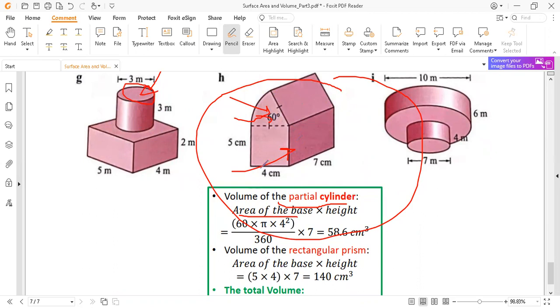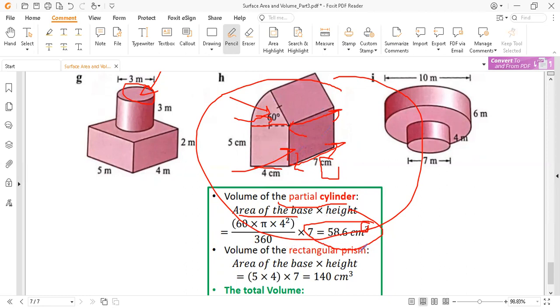So pi r squared, we know that this is 4 centimeters, so we identify the radius as 4 centimeters, so 4 squared multiplied by the height, and we identify the height of this partial cylinder as 7 centimeters, similar to the side of the rectangular prism in the bottom. Normally we will obtain 58.6 centimeters cubed, because we are talking about a volume and all the lengths are given in centimeters.